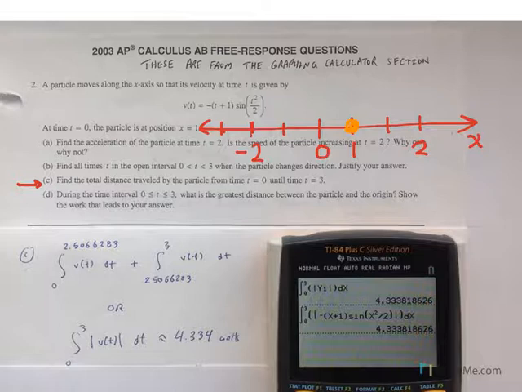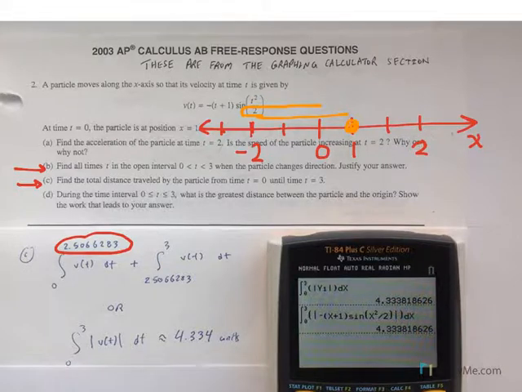And from the graph that we looked at for part B, we know that because the velocity is negative from 0 to about 2.5 seconds, more specifically 2.5066283 seconds, on that interval the particle is moving towards the left. After that, until 3 seconds, the velocity is positive, so the particle turns around and moves towards the right.